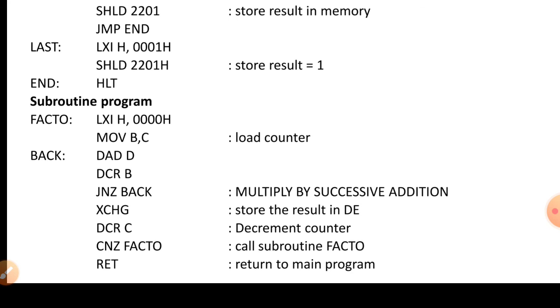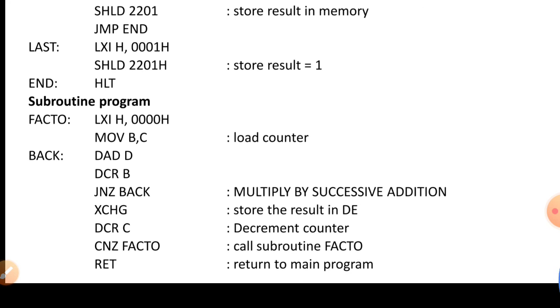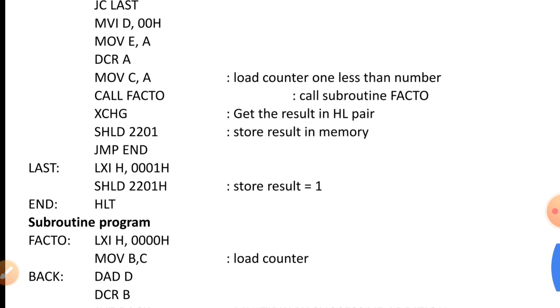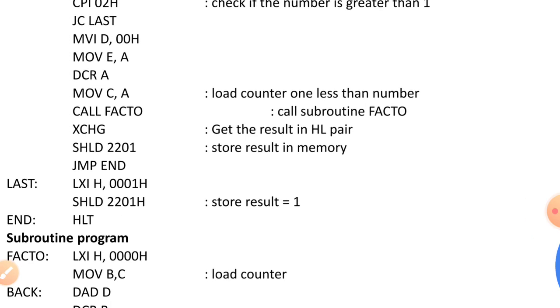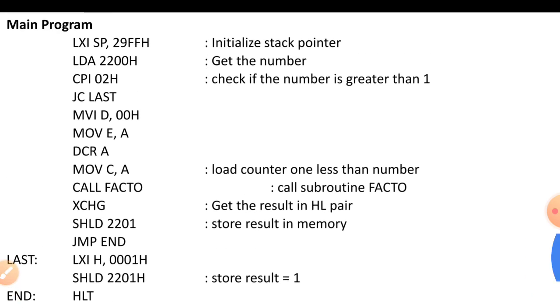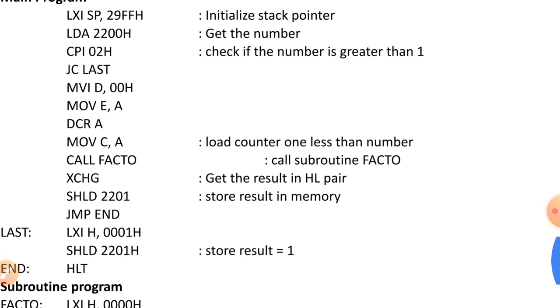So whatever the result is, it will be added to 24 once. After the subroutine program is finished, it will return back to the main program, where the content of the DE pair will be copied into the HL pair, and then the HL pair content will be stored in the successive memory locations. So in this way the subroutine subprogram works. The program for obtaining the factorial works.